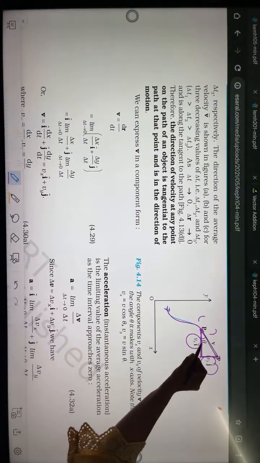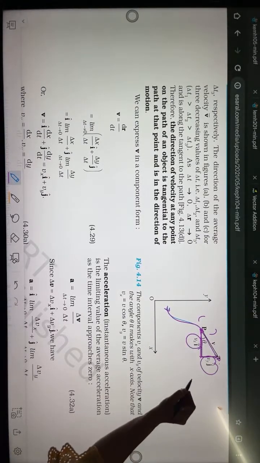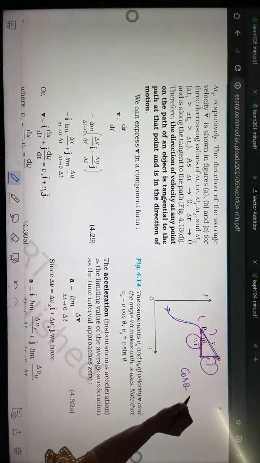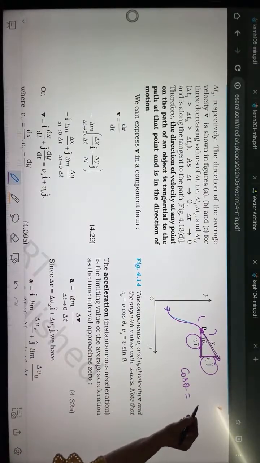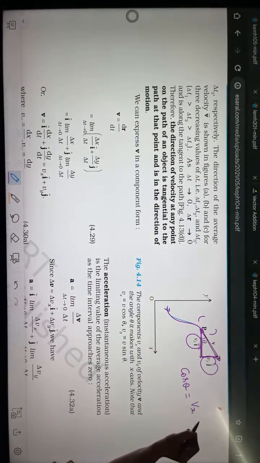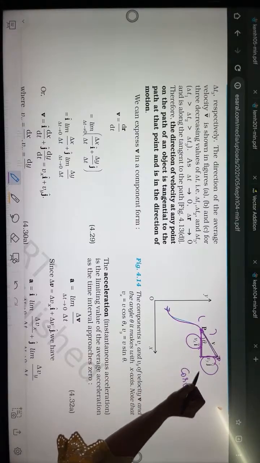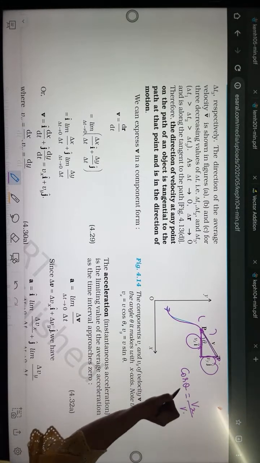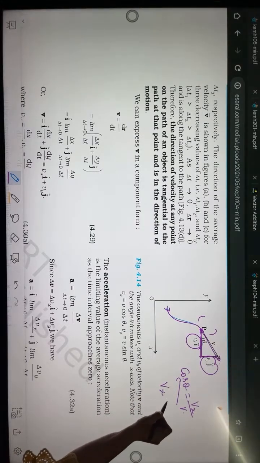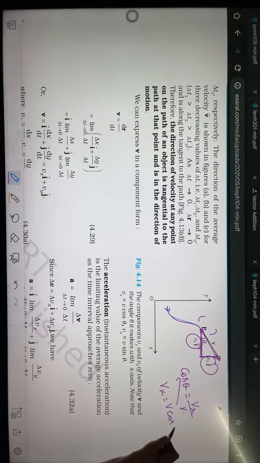If you take this right angle triangle, what is cos theta? Cos theta is equal to Vx by V, because it is the adjacent side, right? So if you multiply this, what is Vx now? V cos theta. Is it clear?